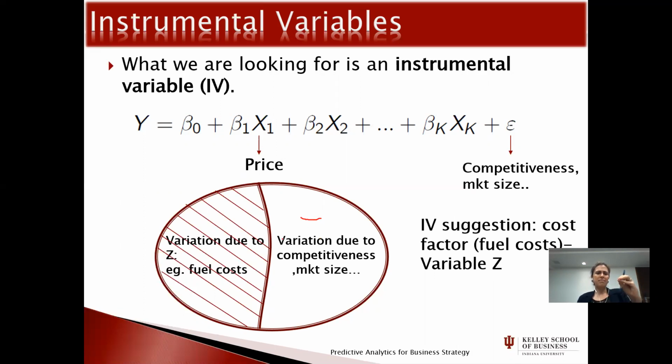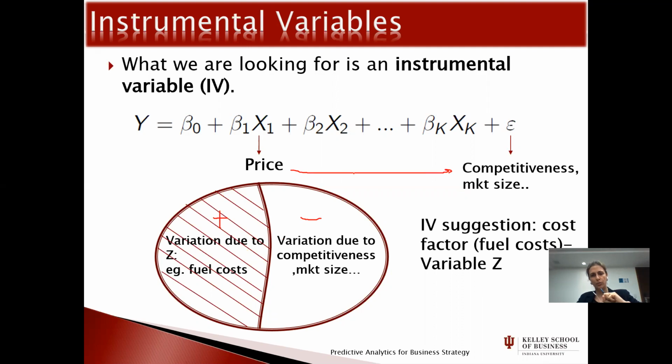But price may also be moving because cost factors, production and distribution costs, are also moving. Let's imagine that this is fuel costs, right? So I'm going to say that fuel cost is my instrumental variable. And when fuel cost is moving, price is going to move, but in ways that are not related to competitiveness.